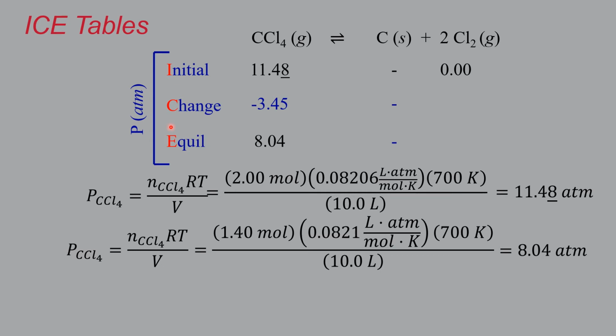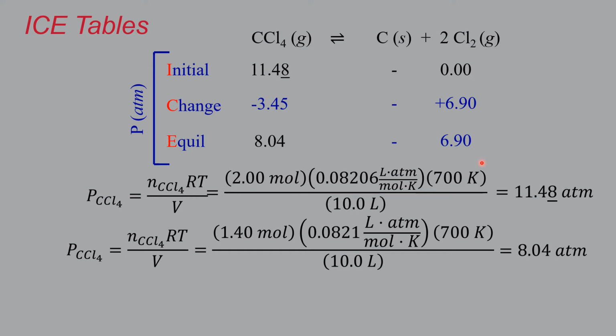And now that we know that, we can use the reaction stoichiometry to determine what the change in the chlorine was. So they react 1 to 2. So we can say that the chlorine must have gone up 6.9, which is just twice 3.45. And that gives us an equilibrium pressure of 6.9 atmospheres of chlorine.